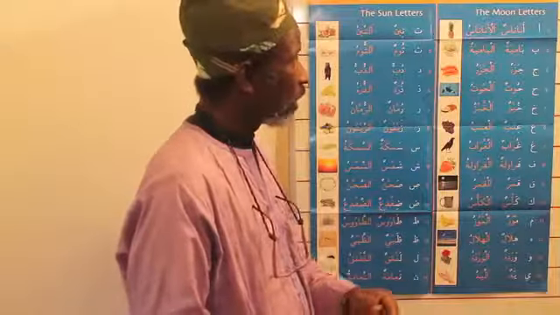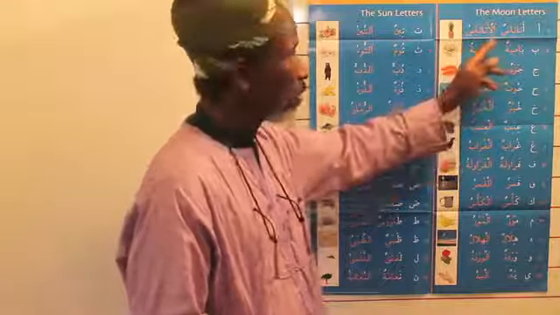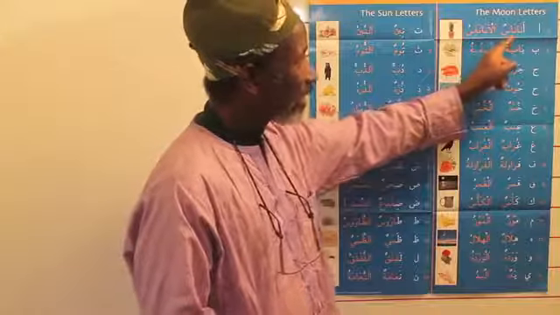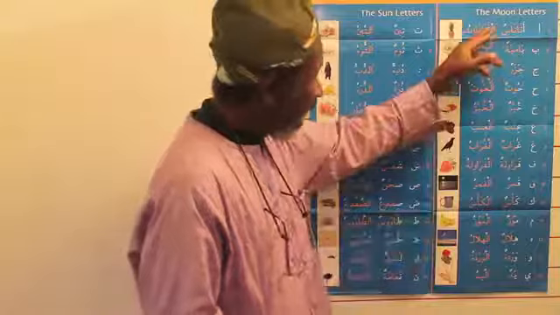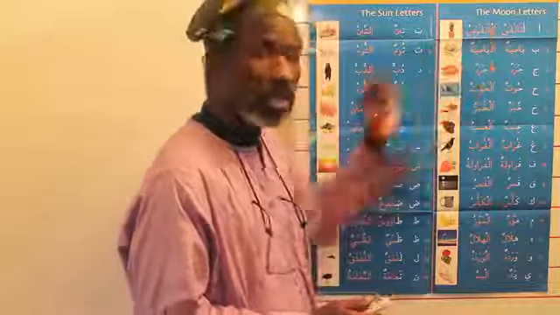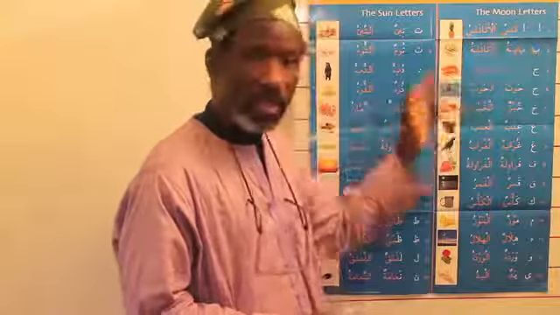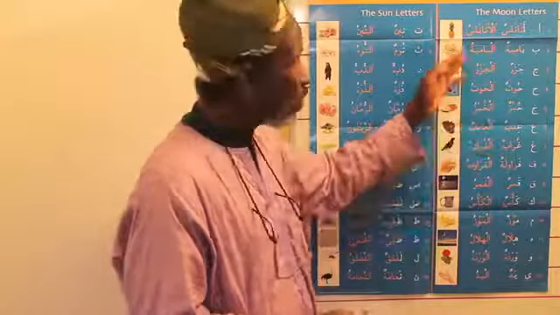As I've already explained earlier, ananasun, for instance, is pineapple. Now, this al is the article the. Once you attach the article the to one of the moon letters, you retain the L as it is.